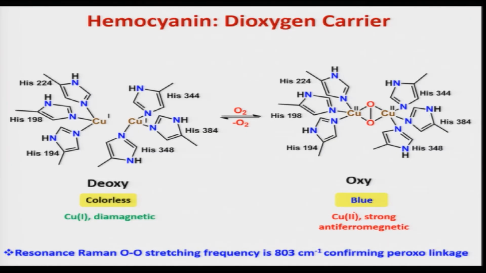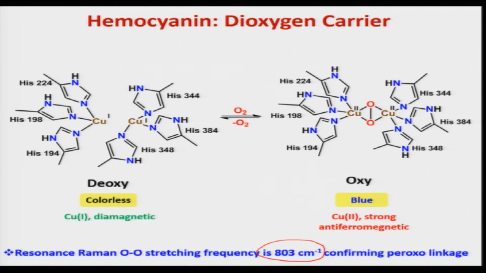How do we know that this is peroxide? Because the resonance Raman stretch of O-O is around 803 cm⁻¹, which confirms the peroxo linkage.